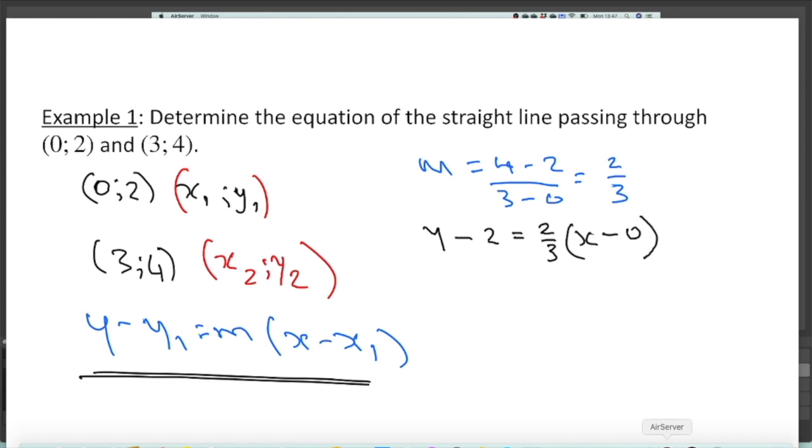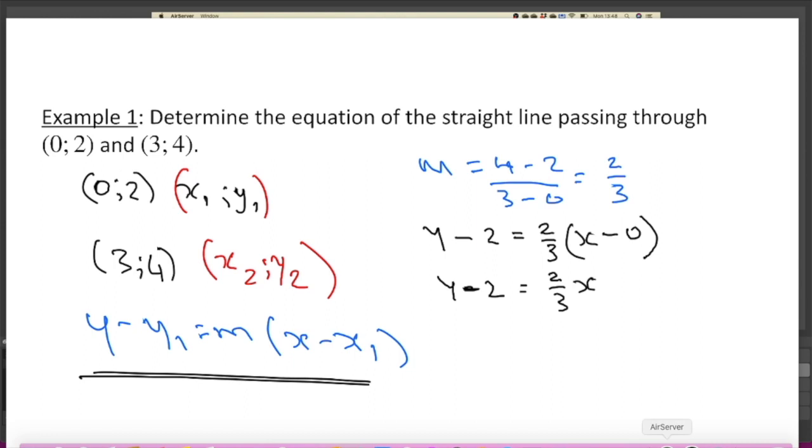Okay, so that is the equation, but you can simplify that. So this becomes y minus 2 is equal to 2/3 of x. So that is the equation. You can leave it like that, or you can follow the instructions in the question and simplify accordingly. In this case, one thing you can do is multiply by the denominator 3 just to get rid of the fractions, or you can move the minus 2 to the other side just to make y the subject.